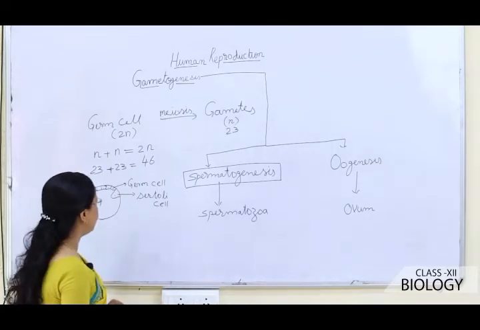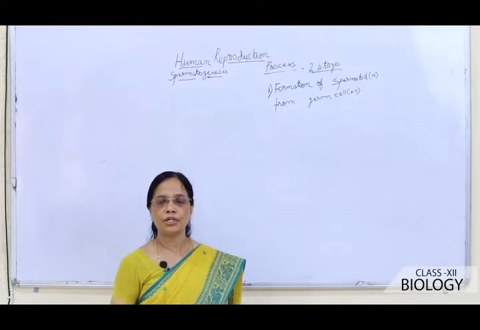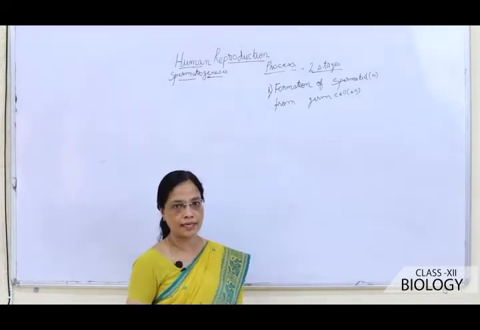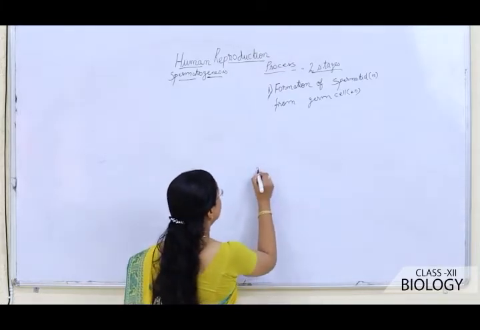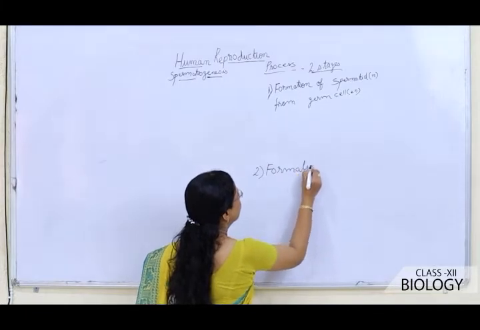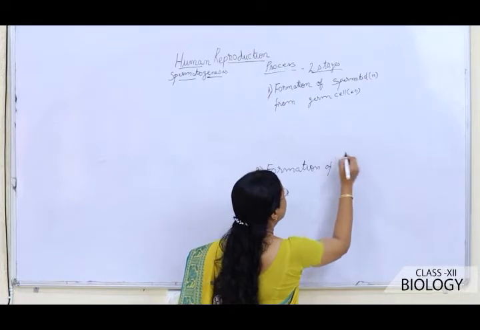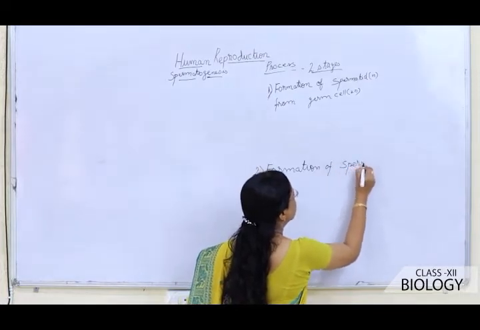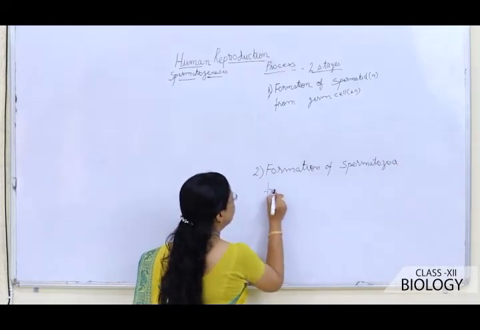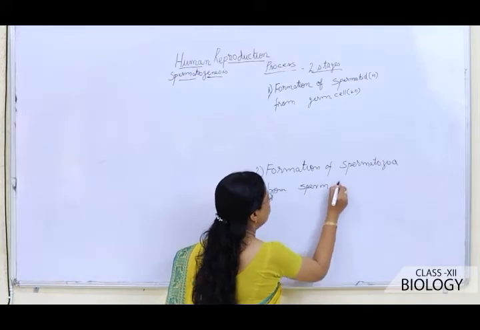Now let us study the process of spermatogenesis. The first stage is formation of spermatid from germ cells. The second stage is formation of spermatozoa from spermatid.